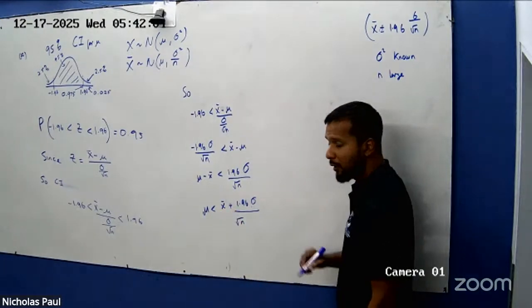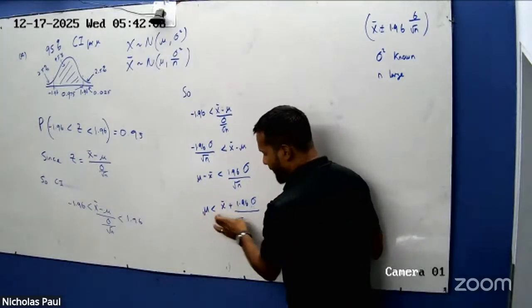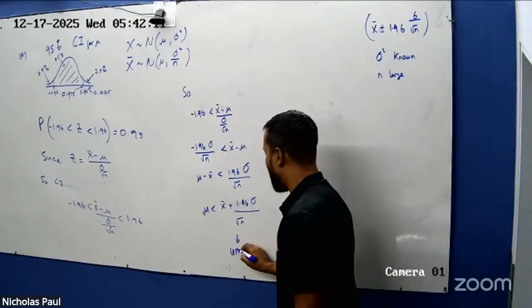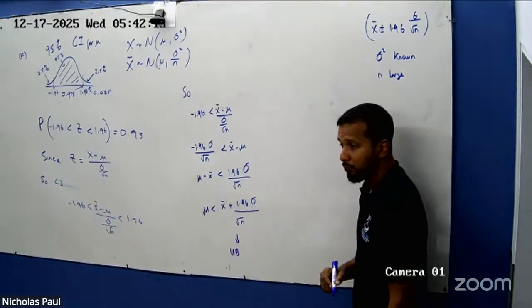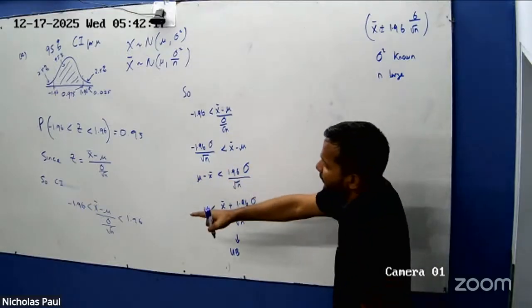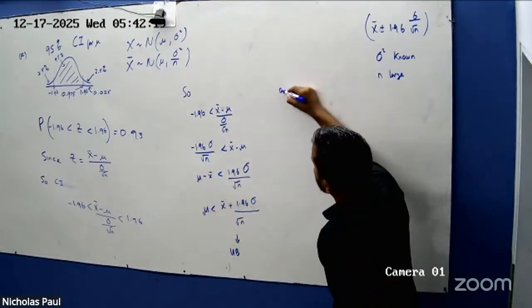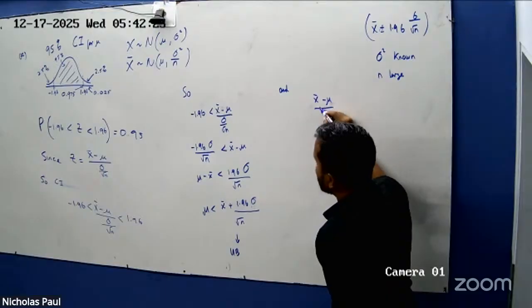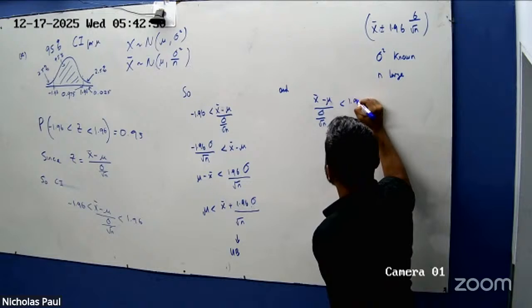Okay? So what it's saying now is mu has to be less than this. This is our upper boundary. And you saw it in your formula, right? Now if I rearrange the left-hand side, I will get (X bar minus mu) all over (sigma on root 10) is less than 1.96.